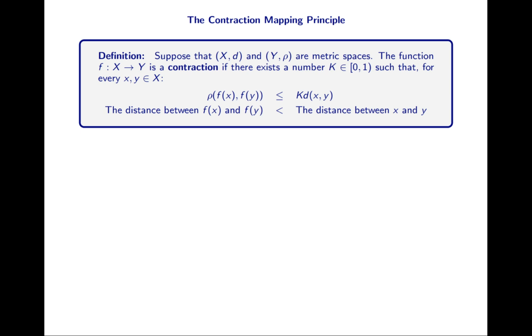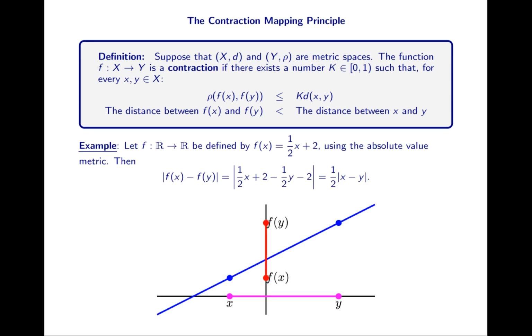So let's see a fairly simple example. Suppose f maps real numbers to real numbers. F of x is 1/2 x plus 2, and that we're going to imbue the real line with the absolute value metric. Well, then the distance between f of x and f of y is half the distance between x and y.